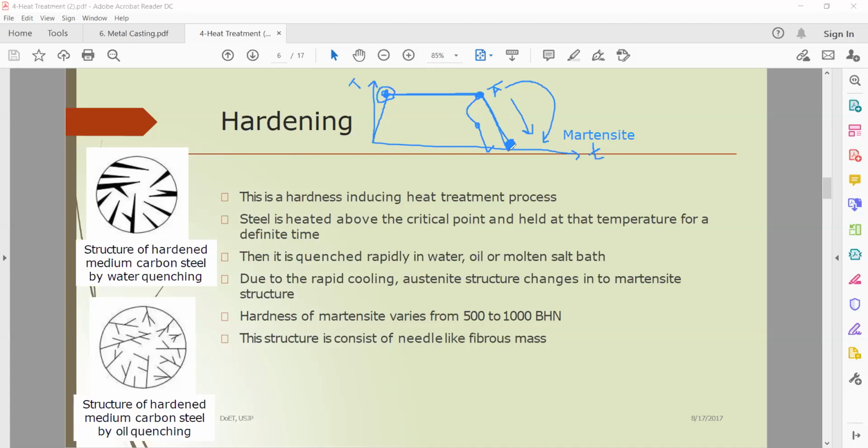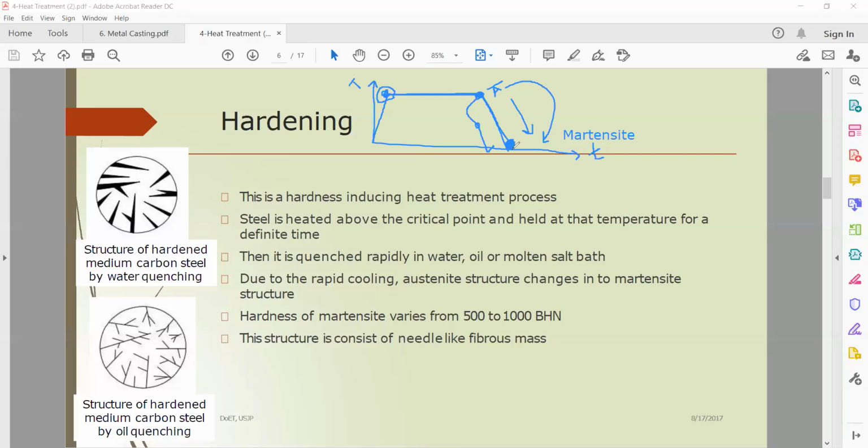what will happen? You have heated metal here, and that heated metal is cooled rapidly, right? Not slowly. It is cooled rapidly. That's an important point. The second point is where you are doing this cooling process: in water or oil or a molten salt bath, right?